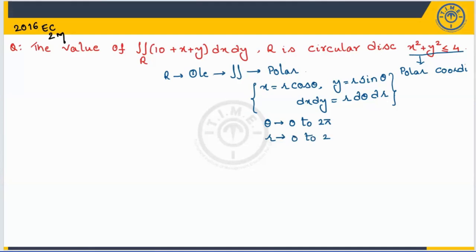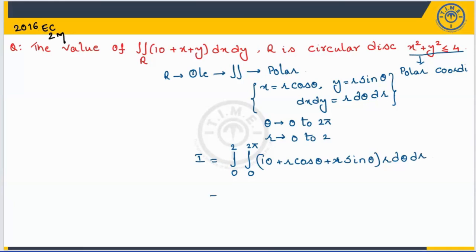Then the value of the integral will be the integral from 0 to 2, integral from 0 to 2 pi, of 10 plus x, which is r cos theta, plus y, which is r sin theta, and dx dy is r d theta dr.